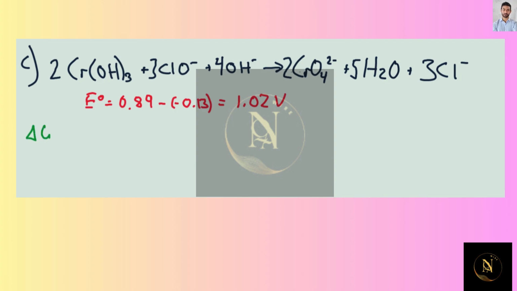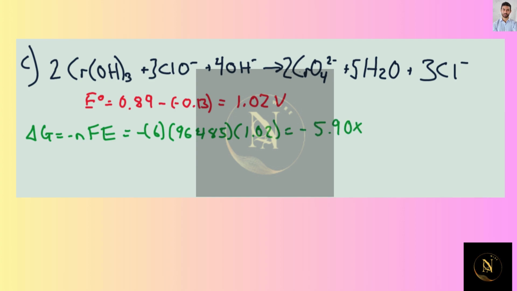For delta G, we calculate in the same way. We again have a transfer of 6 electrons, Faraday's constant, and our EMF. We get a value of negative 5.90 times 10 to the 5th joules per mole.